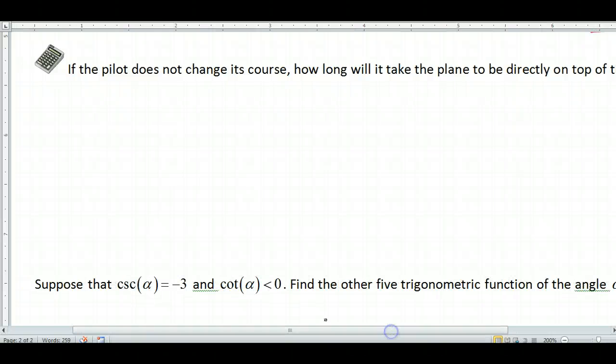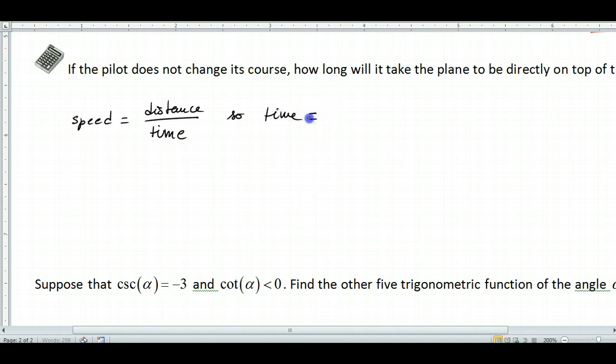You don't remember the formula? Well, think of the units. What do you have? Like the speed. Speed is what? It's a distance divided by a time, right? Distance divided by time. Meters per hour, or miles per minute, whatever. Therefore, a time is going to be a distance divided by a speed.